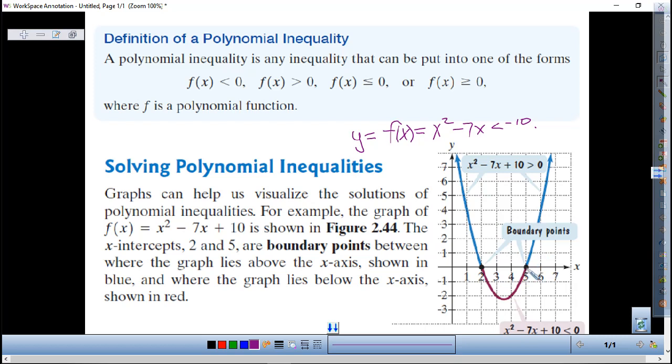And then once it gets to 5, the other x-intercept, then it's going to be greater than 0 again. So the places where it can be less than and greater than 0 are going to happen at those 0 values, at those x-intercept values. A 0 and x-intercept, they're all the same thing.